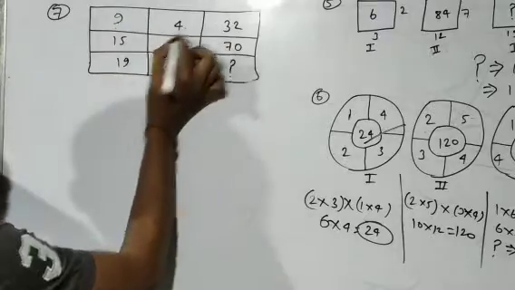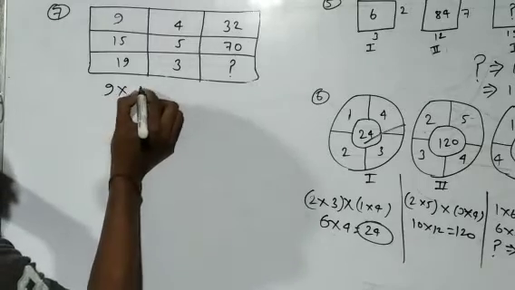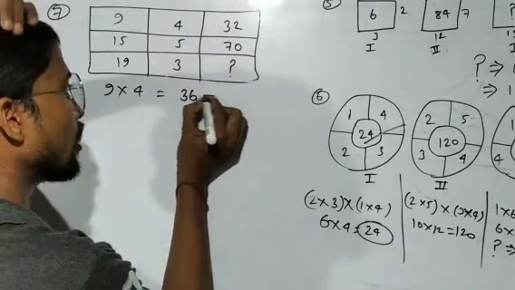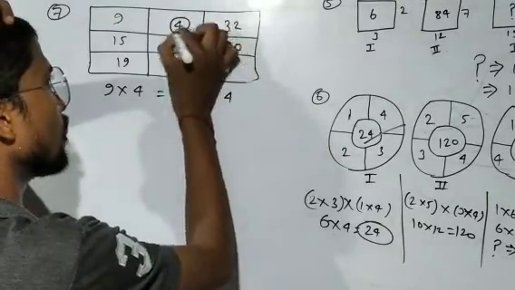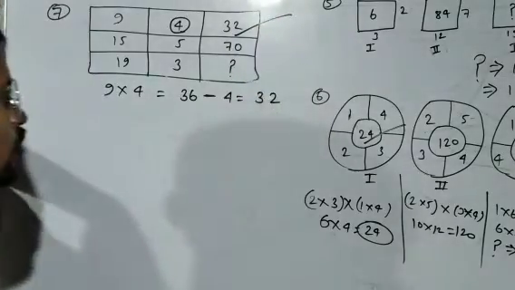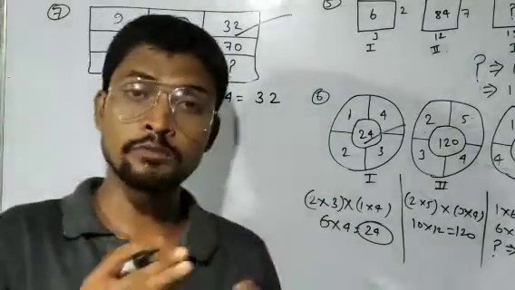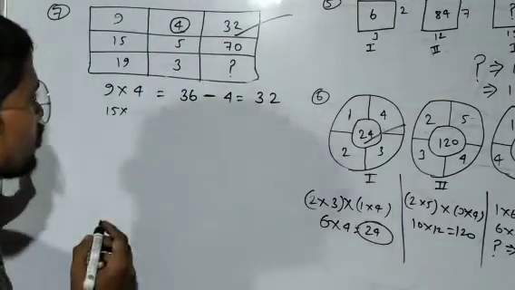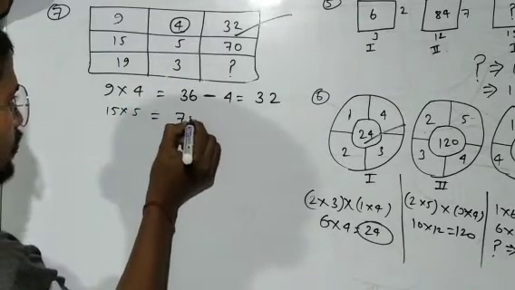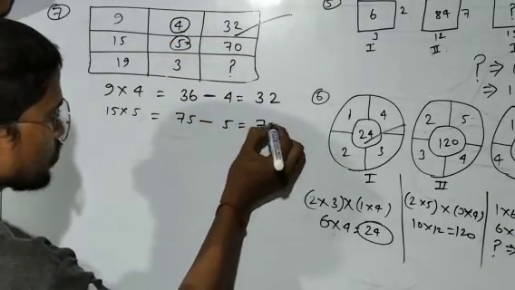First of all, I want to show you: according to the first row, 9 multiplied by 4, we of course get 36, and subtract the middle number, that means 4, then we get 32, okay. And for 15, I want to repeat the same process according to the second row. 15 multiply 5, then we get 75, and subtract the middle number 5, then we get 70.